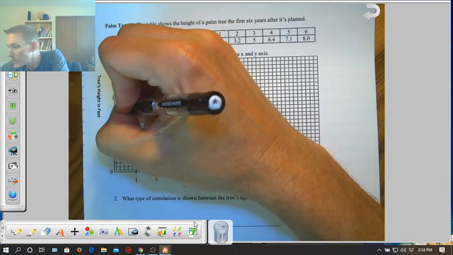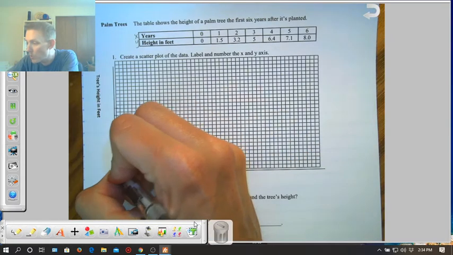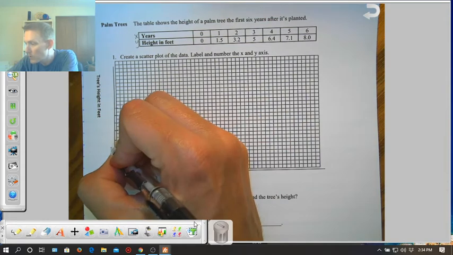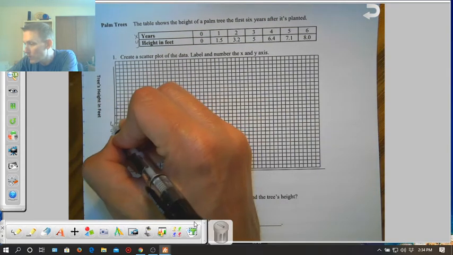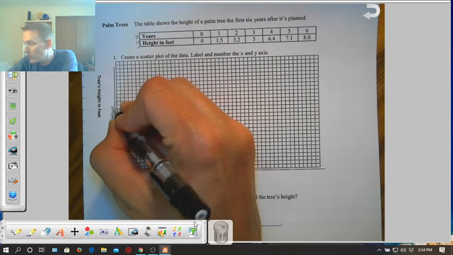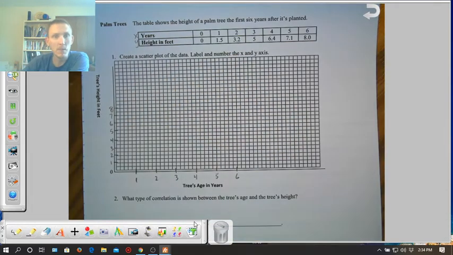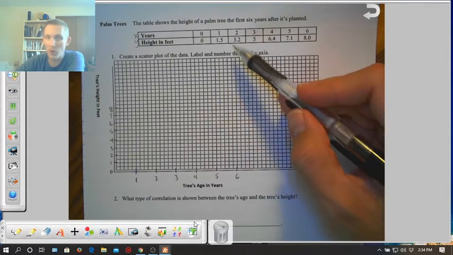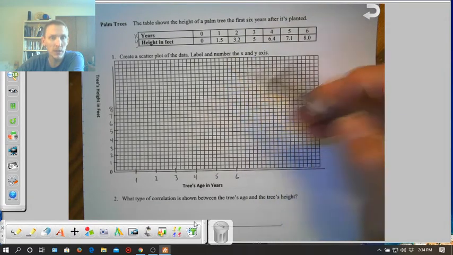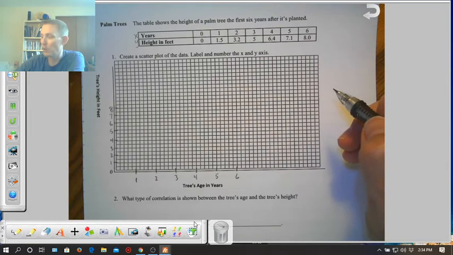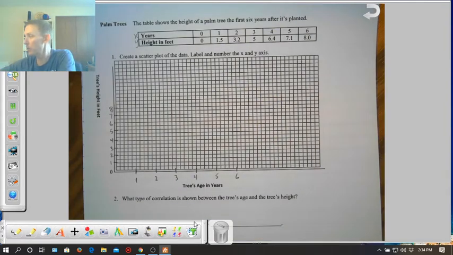We can probably space it out a little bit better, but we're just going to go 1, 2, 3, 4, 5, 6, 7, 8. Now remember, some of these decimals are going to be an approximation. 3.2 feet, we're going to have to approximate that as best we can. All right, so let's go ahead and plot our points now.